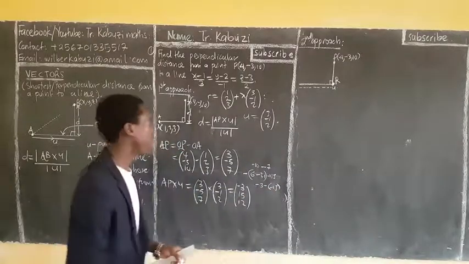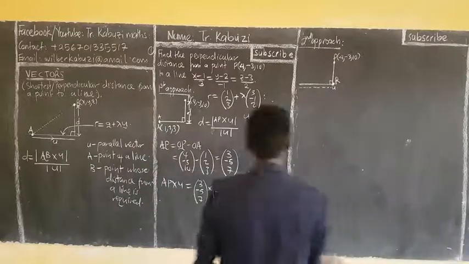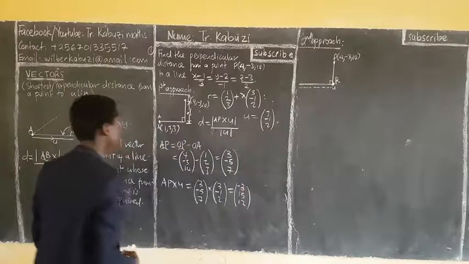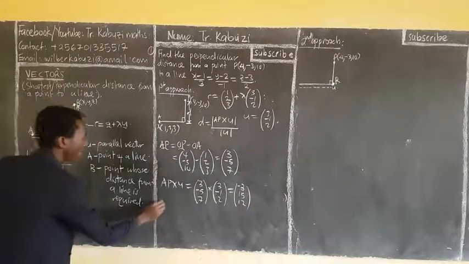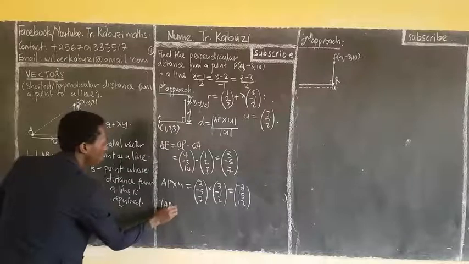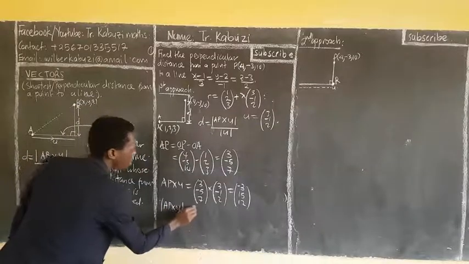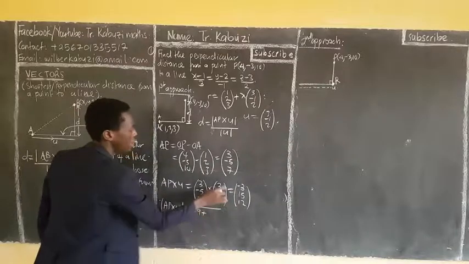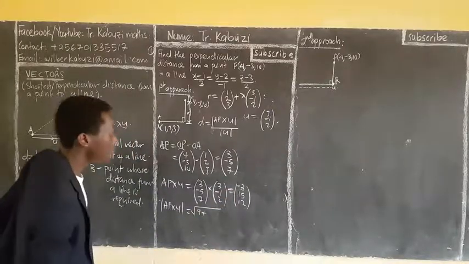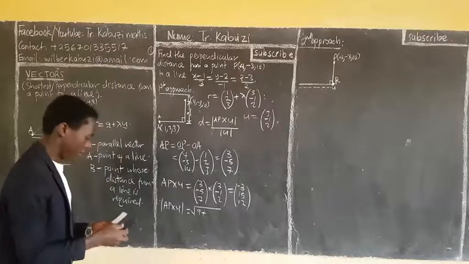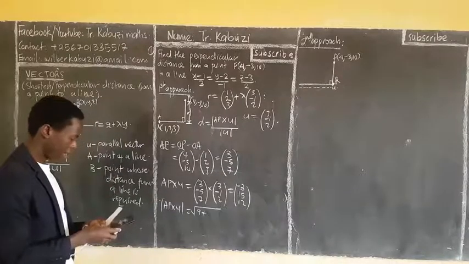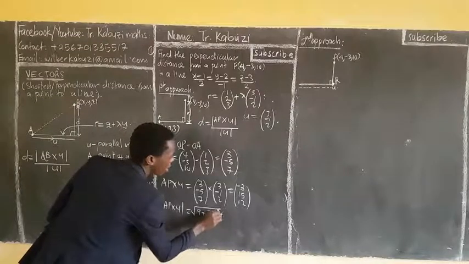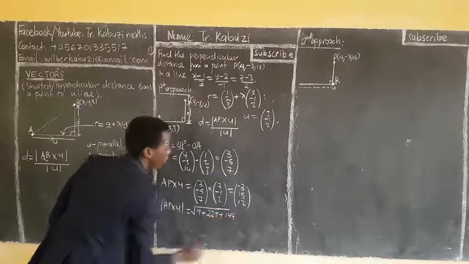So after doing that, members, what I'm remaining with is to get the magnitude of those two things. Now, the magnitude of AP cross U will be the square root of: when you square negative 3, we get 9; when you square 15, you get 225; when you square 12, it is 144.